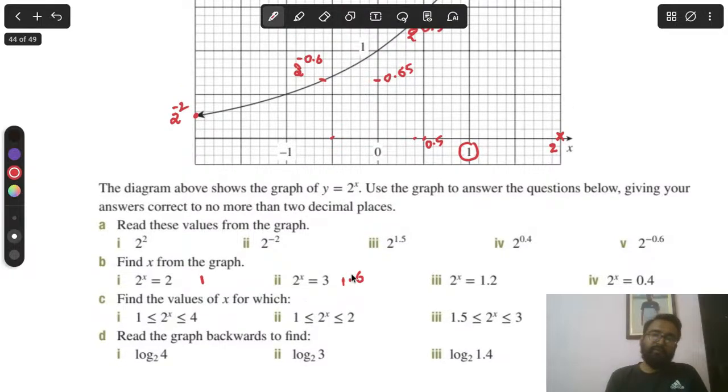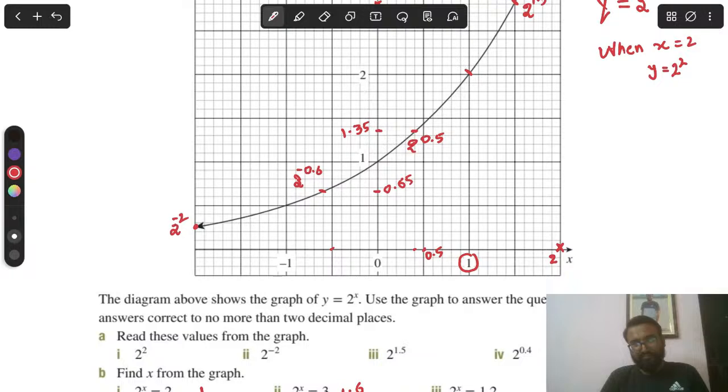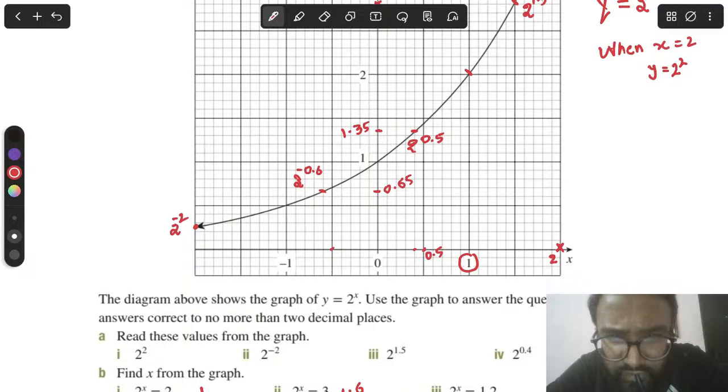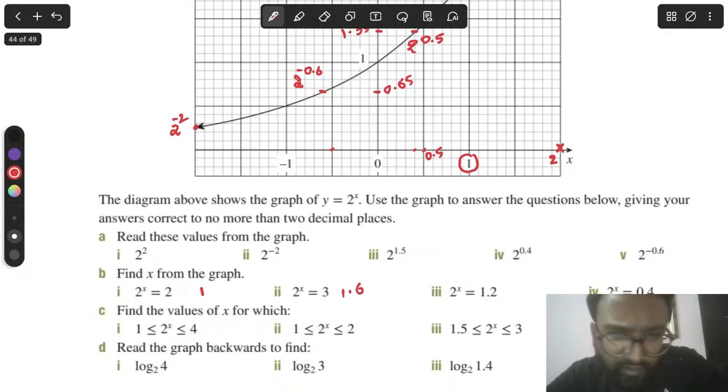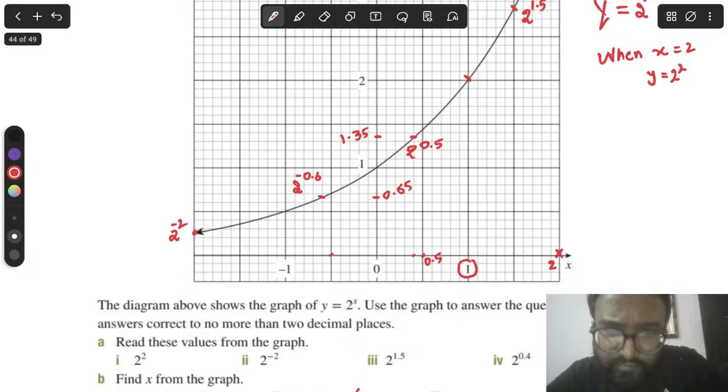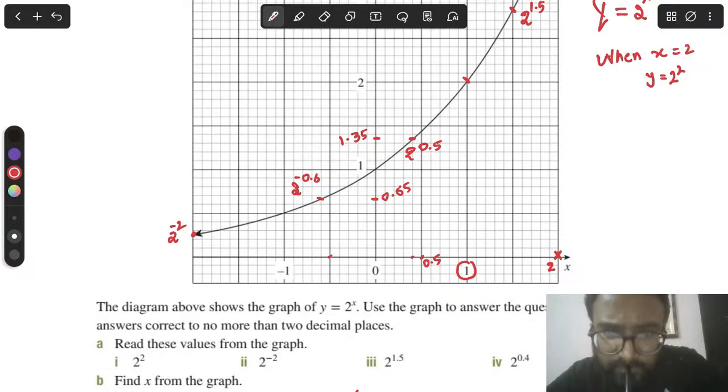So where the value is 1.2. On the y-axis, look at where 1.2 is. This is 1.2. Here we can say 0.25, it's a half.